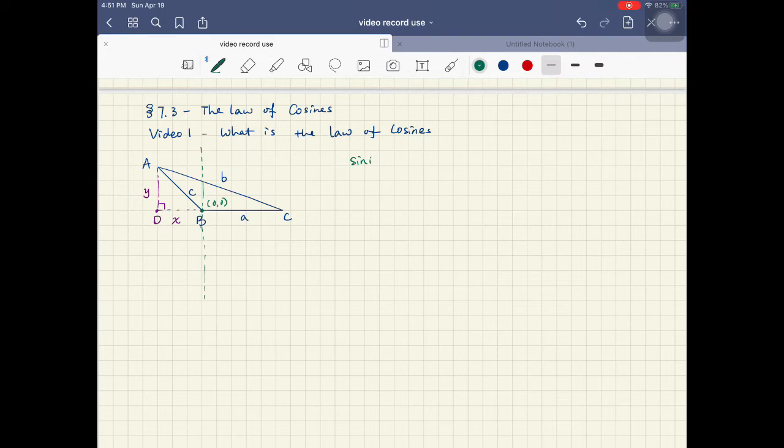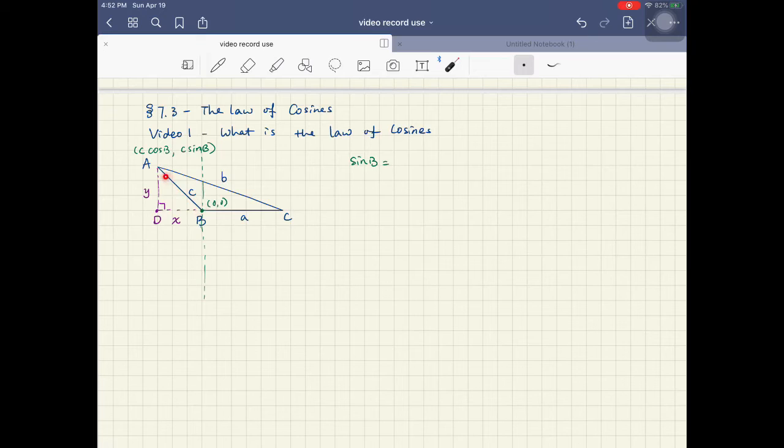Sine of B on the unit circle is going to be the location of A, where A will have the coordinate of C times cosine of B and C times sine of B. So that is the location of A, where C stands for the radius of the circle.